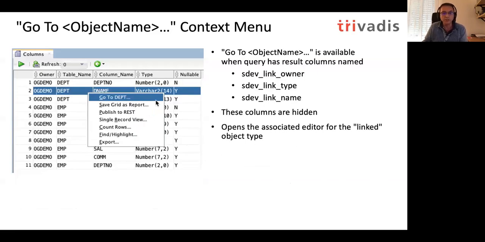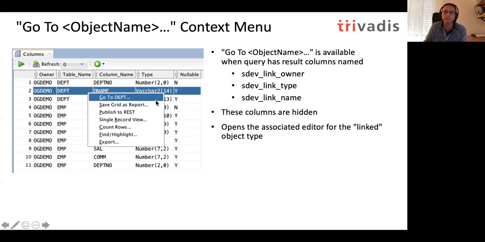Then another option is to create your own context menus. So if you have a table grid and you'd like to navigate somewhere to the code, so the definition of some object type, then you may define three columns in your query. The aliases of these columns have to be SDF link owner, link type, and link name.